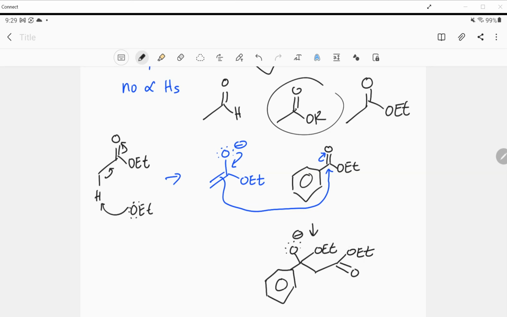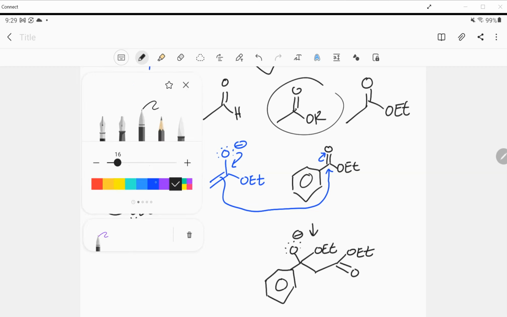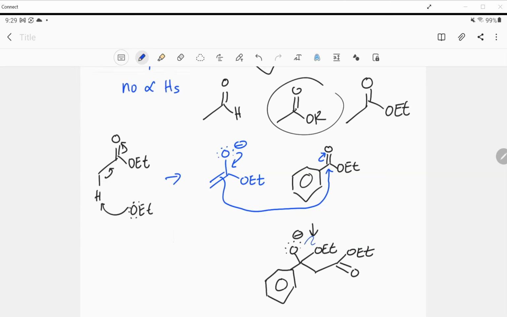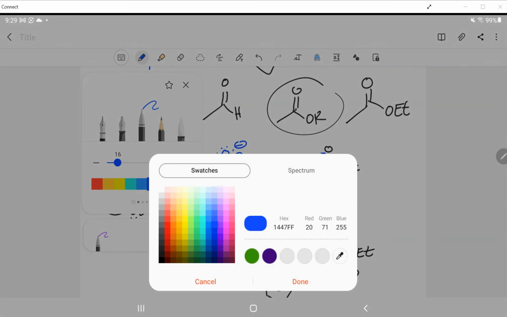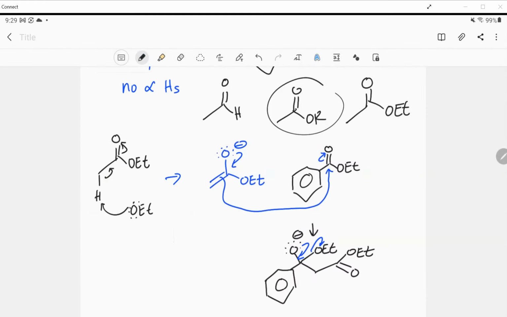All right, and then remember that in the Claisen, what happens is we just close this down and pop out our leaving group. And in doing so, we reform our carbonyl. And then we just have the rest of it, which is the other 2 carbons with the ester on it.